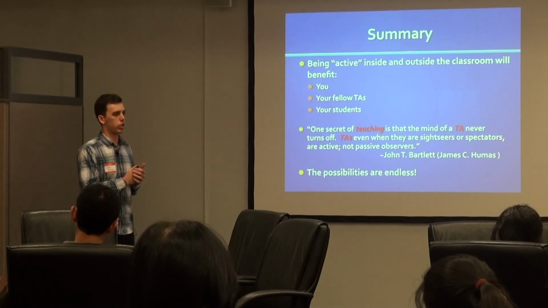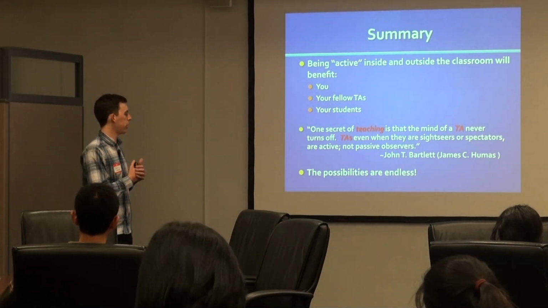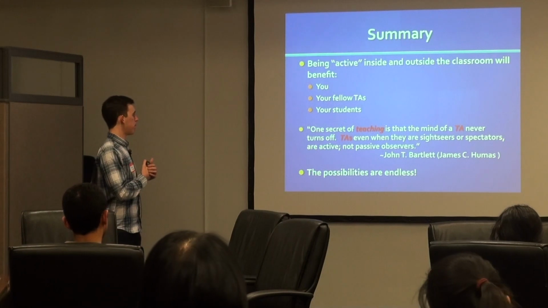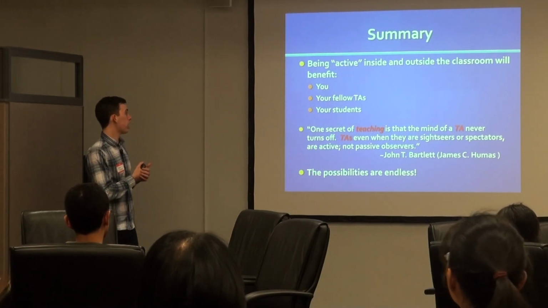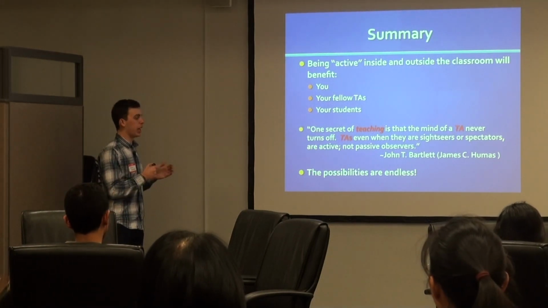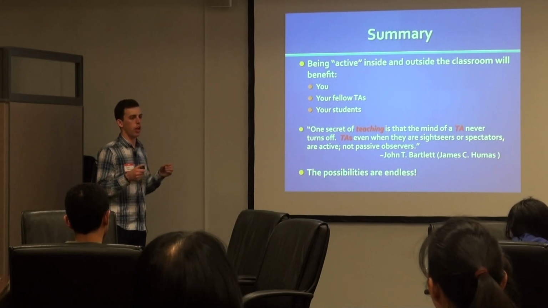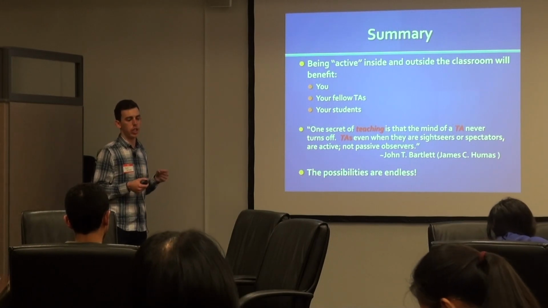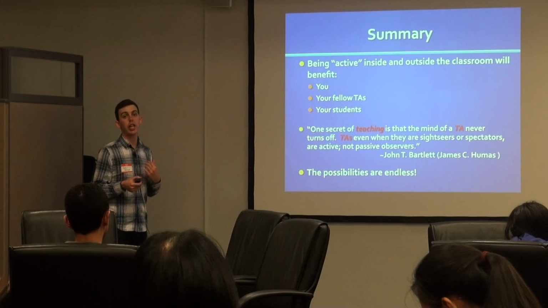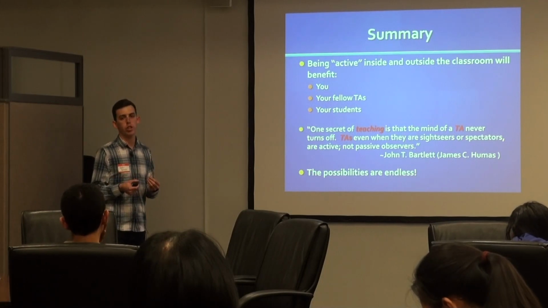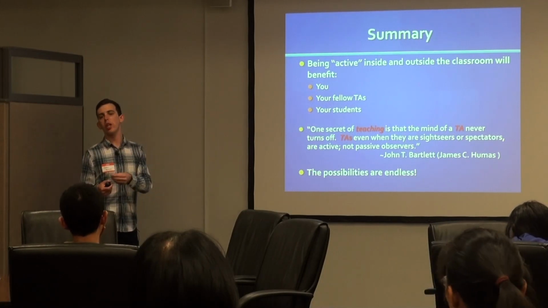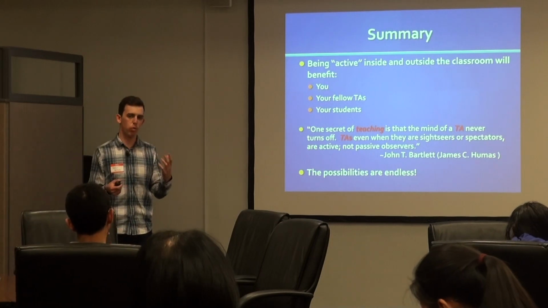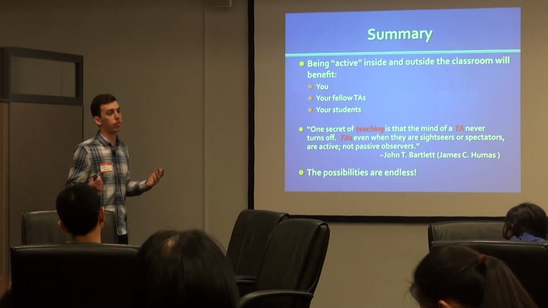Those are a little more simple than the challenges you handle in the classroom. But basically, in summary, being active is more than just physically moving around. It's taking the initiative to spend an extra amount of time, ask one more question to that student, move around just a little bit more, maybe carry a Nerf gun around with you.